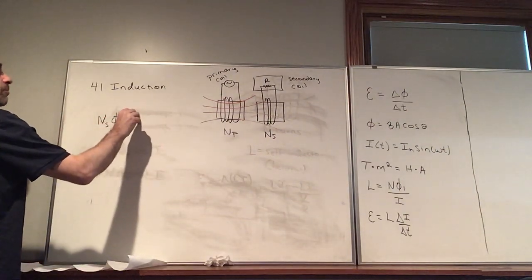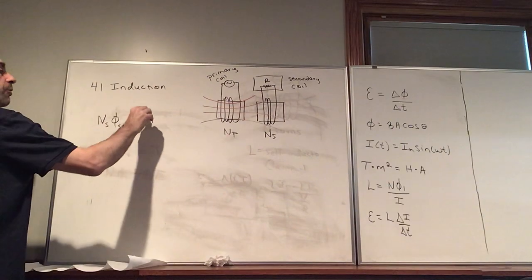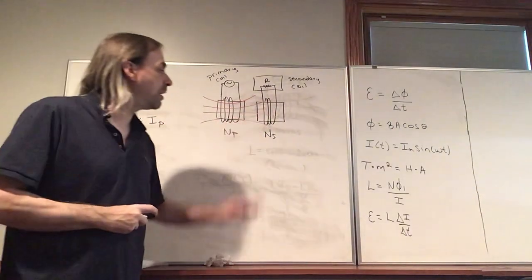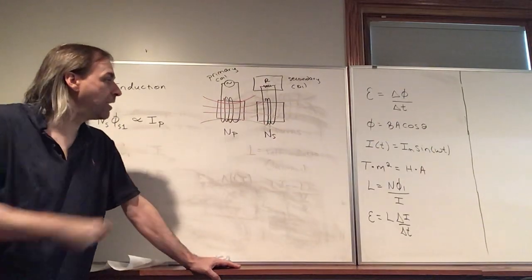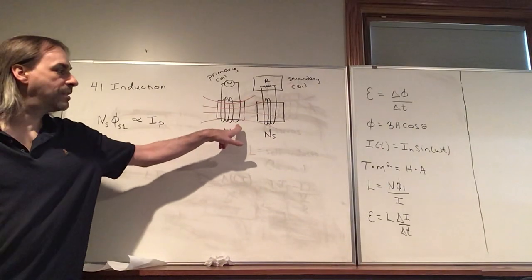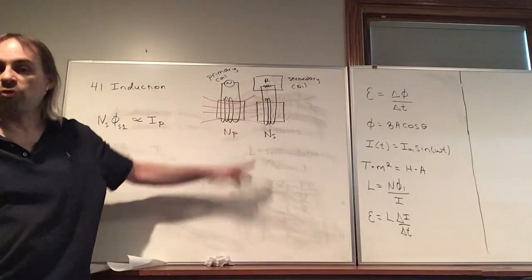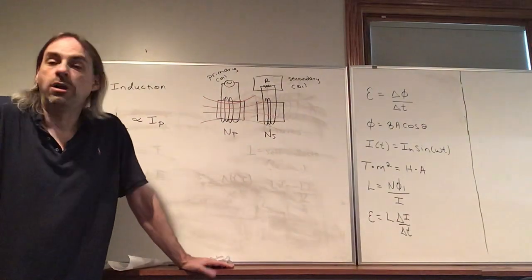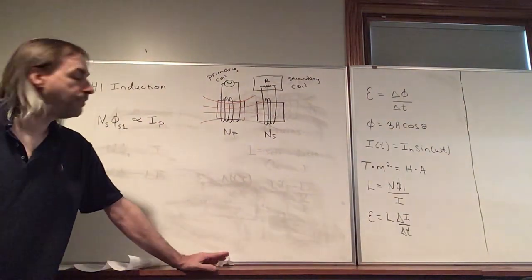We're going to say that is proportional to the current in the primary coil. So the flux in the secondary coil depends on the current in the primary coil, and it's a direct relation. If we double the current in the primary coil, we'll have twice the magnetic field, and so we'll get twice the flux in the secondary coil.